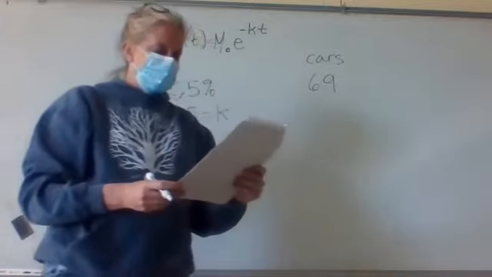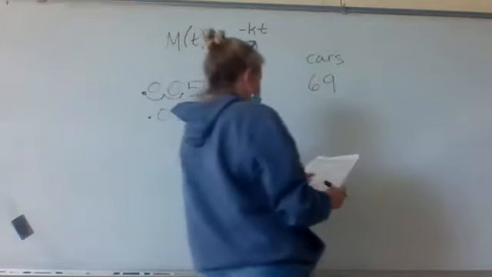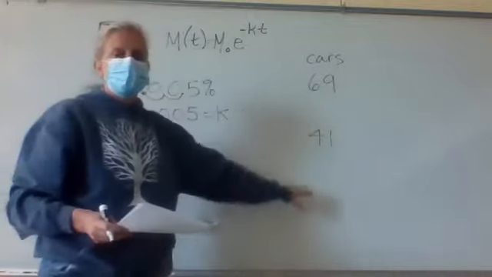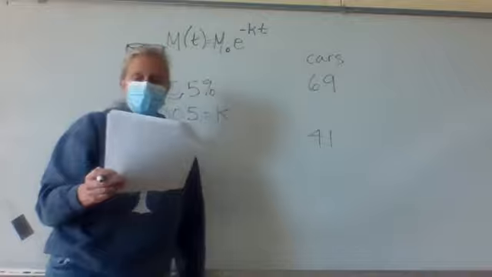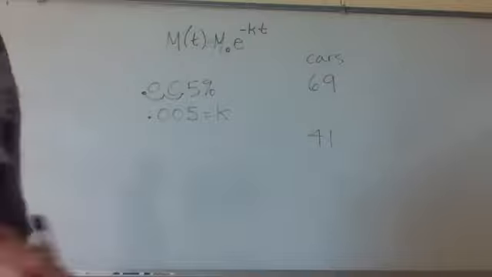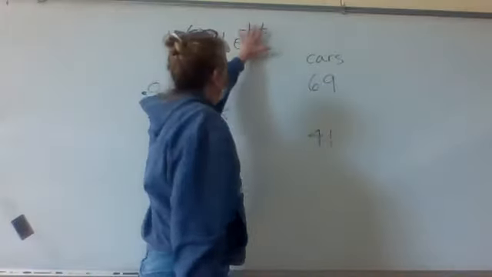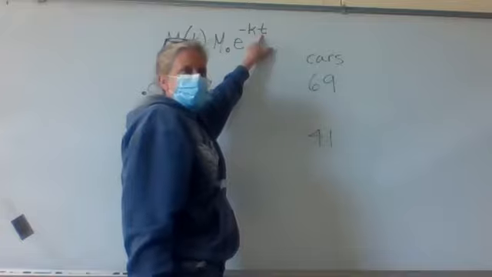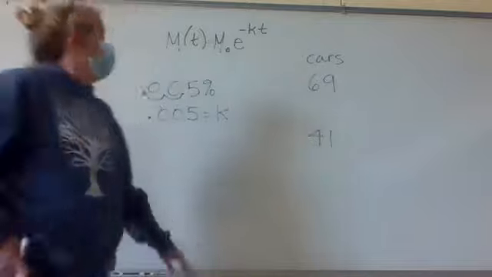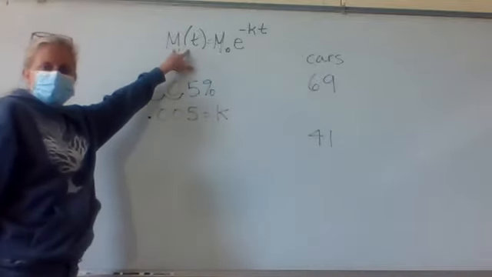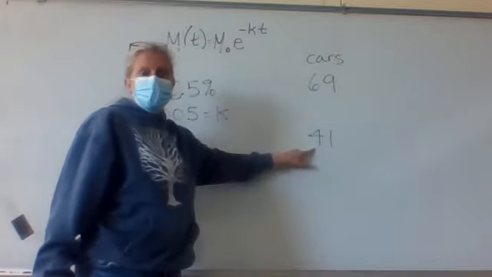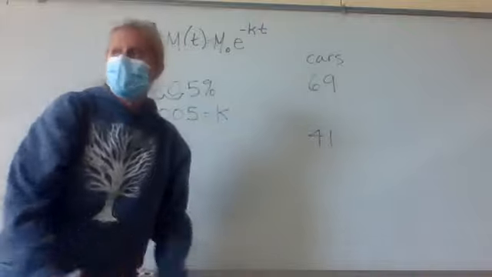How many years will it take for this country to have 41 million cars? So I'm decreasing from 69 million to 41 million, and it wants to know how many years it's going to take me to do that. So if it's asking me how many years, what's my unknown in this? T. Anytime it's asking you about years, it's saying we're trying to find T. Which means, do you know the end amount? 69 million cars was the beginning. 41, because remember, it said it was going down.